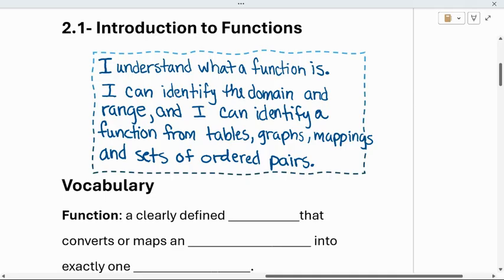Eventually, you'll be able to identify a function from an equation, but we're not there yet.